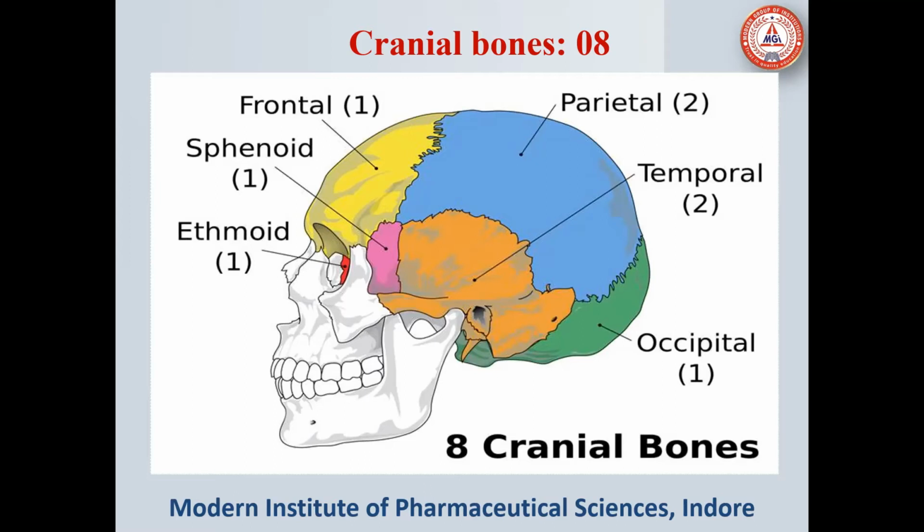Its inner surface is deeply concave, and the concavity is occupied by the occipital lobe of the cerebrum and by the cerebellum. The occiput has two articular condyles that form the condyloid joint.